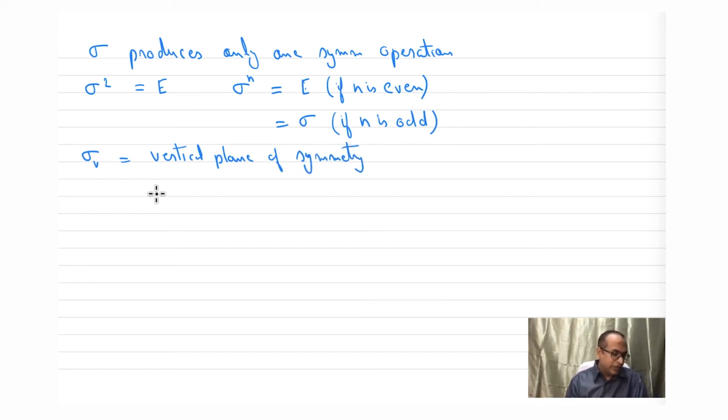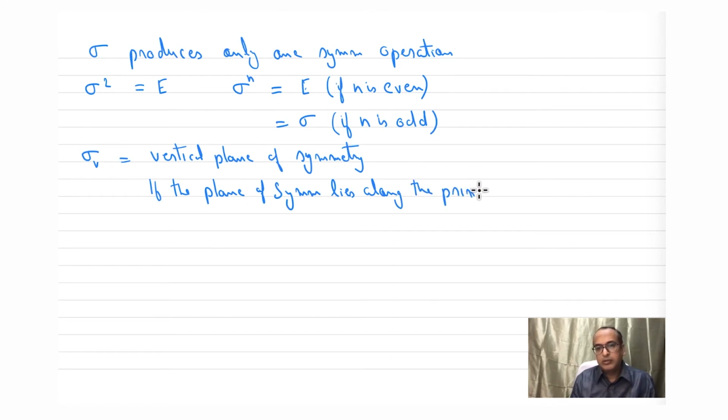This is defined as: if the plane of symmetry lies along the principal axis of rotation, it is called a vertical plane of symmetry.